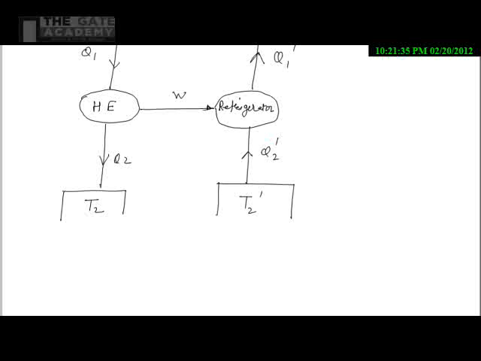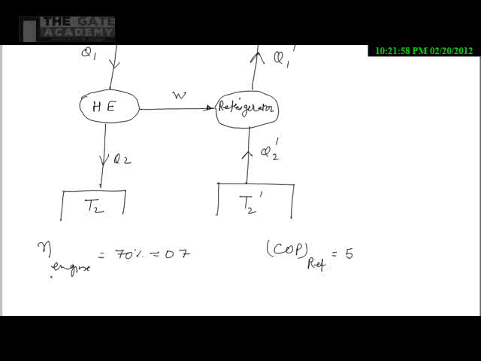So this is the arrangement of the heat engine and the refrigerator. In the problem, the efficiency of the engine is given as 70%, or I can say 0.7. Similarly, the COP of the refrigerator is given, that is 5.